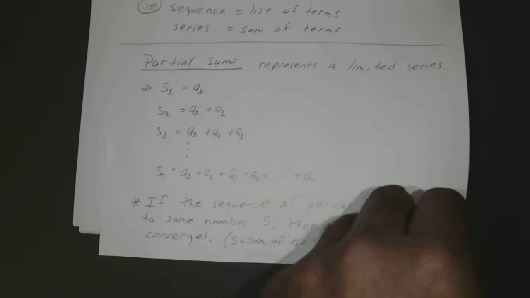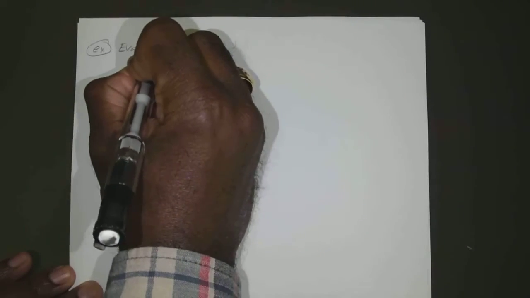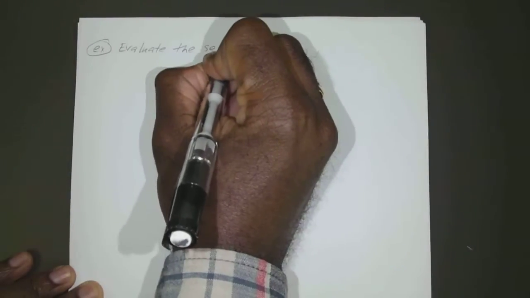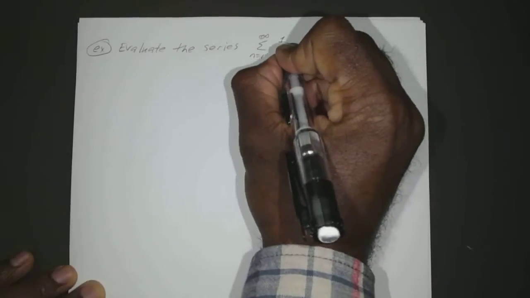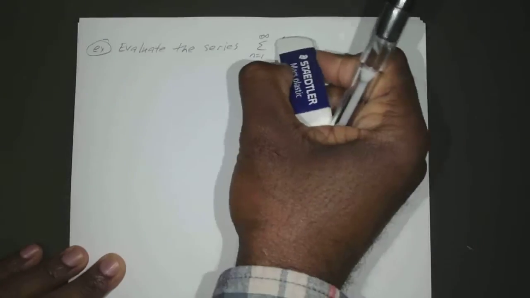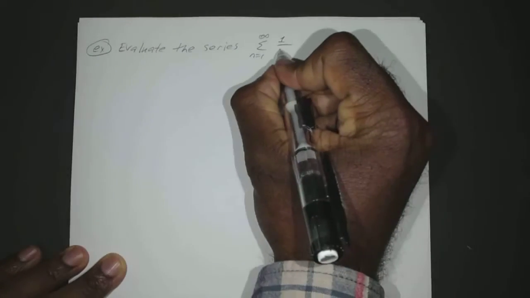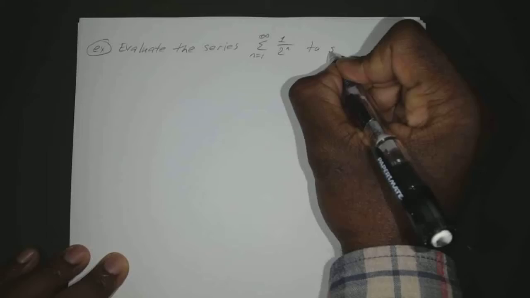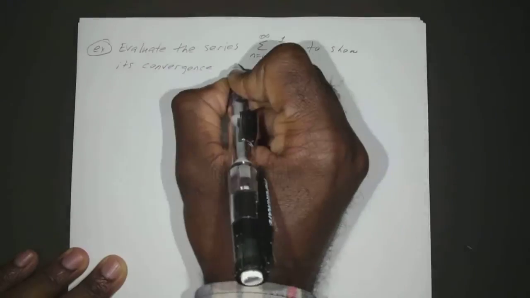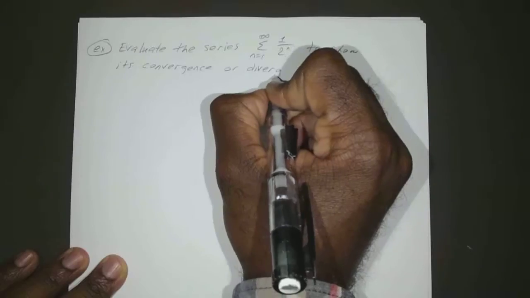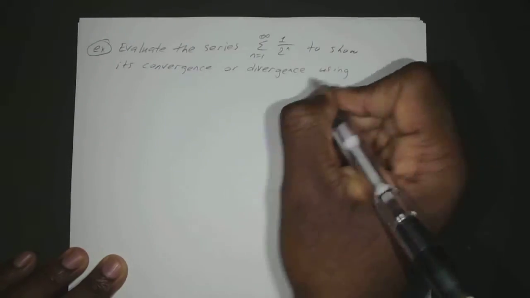Right, so let's say, for example, we want to evaluate the series, sum from n equals 1 to infinity of 1 over 2 to the nth power, to show its convergence or divergence using partial sums.